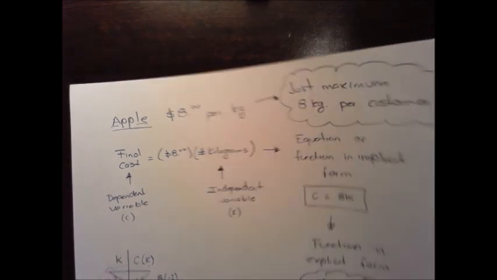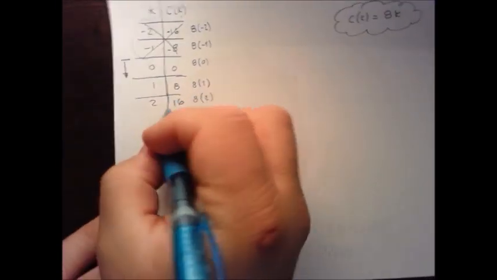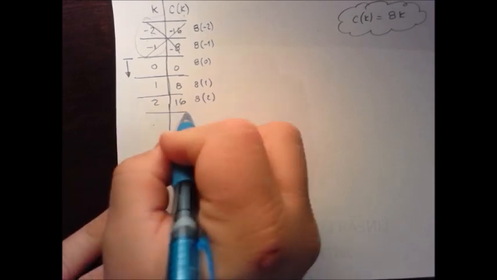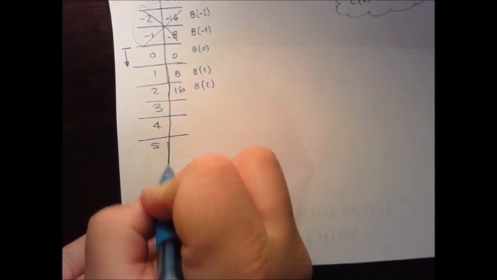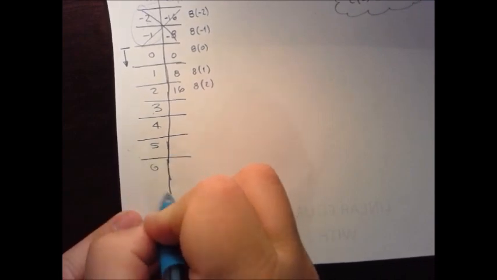So it means that here I'm going to say 2, 3, 4, 5, 6, 7, and maximum 8, no more. This is the top. So you cannot buy more than 8. So this is going to be the limit.